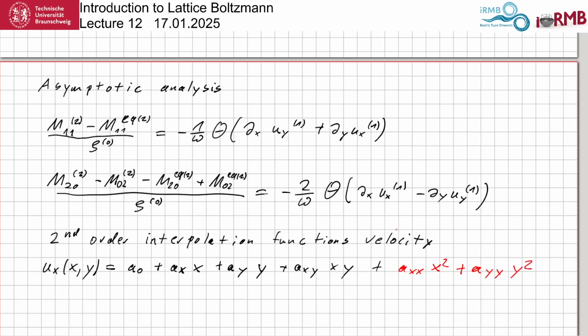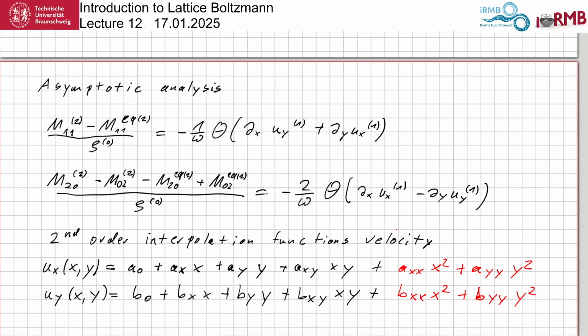Obviously for this one here, we'll do the same and call it b: b0, bx x plus by y plus bxy times x and y, plus also here we need bxx x square plus byy y square. So this is additional stuff that we need to get from somewhere.